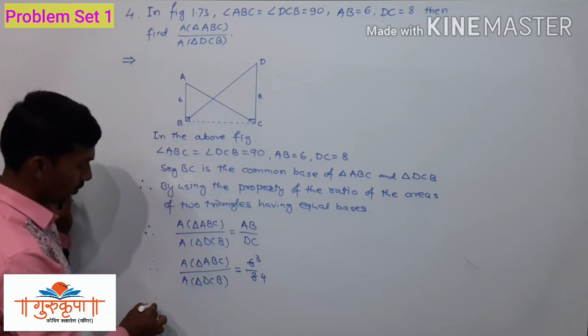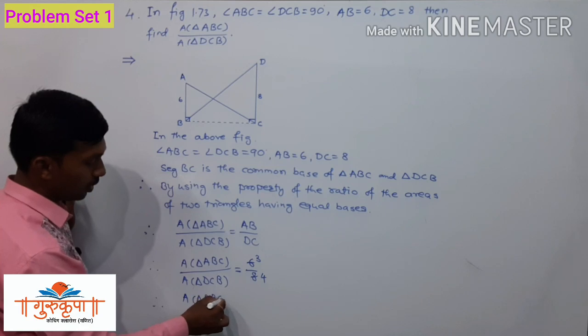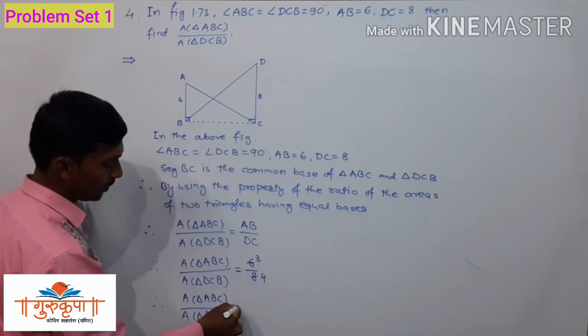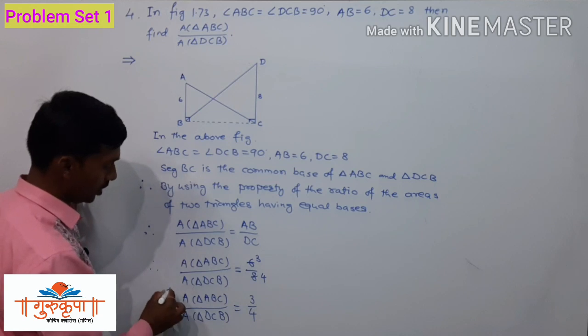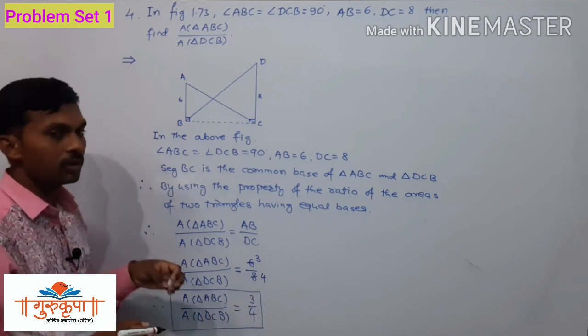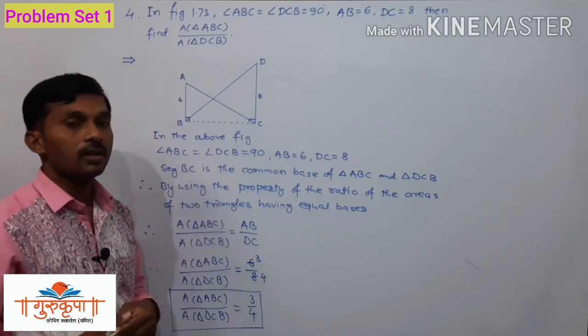So the ratio of the areas of these two triangles, that is area of triangle ABC upon area of triangle DCB, is equal to 3 upon 4. So this is the ratio of the areas of the two triangles, triangle ABC and triangle DCB.